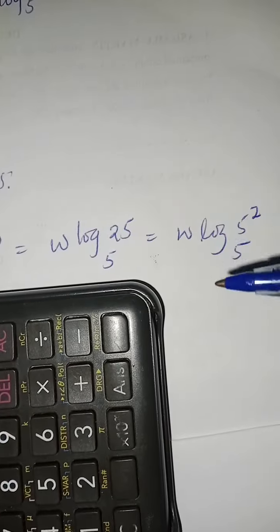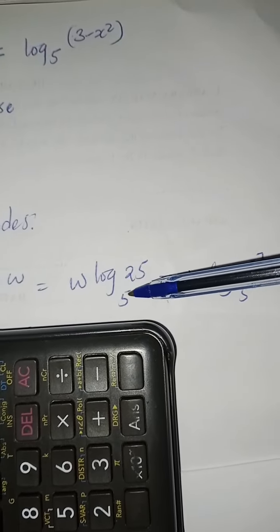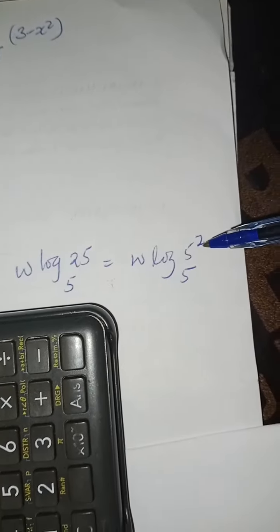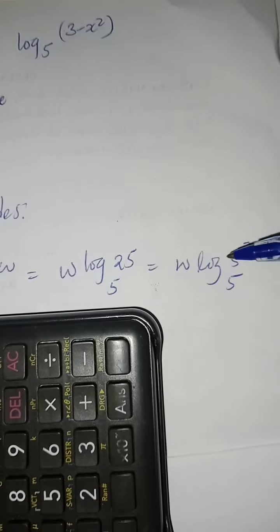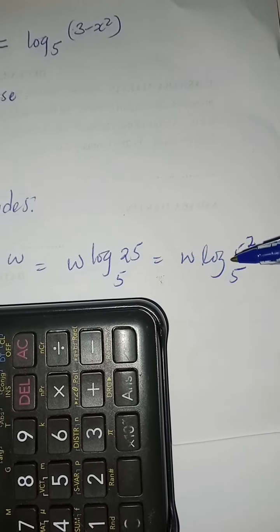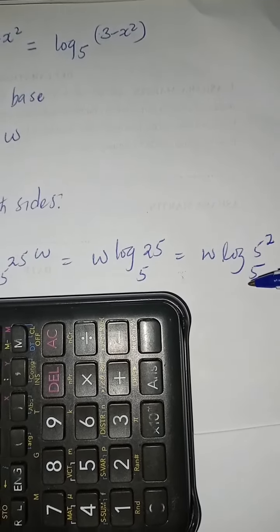This is going to give us W moving behind the logarithm, and the moment we continue, we see that we can express this 25 as 5 squared. So again, we shall have W logarithm of 5 squared, logarithm to base 5.